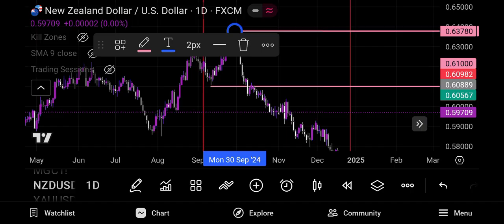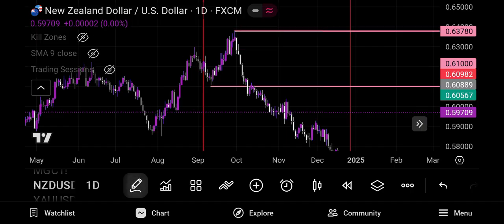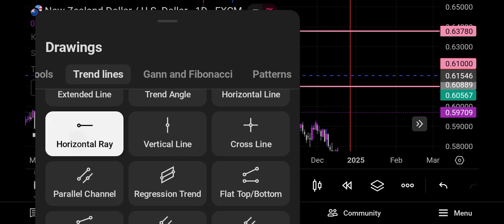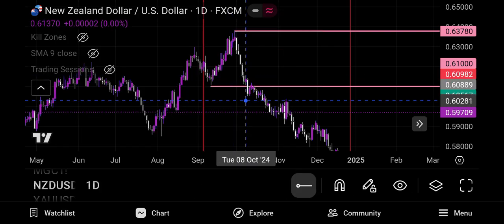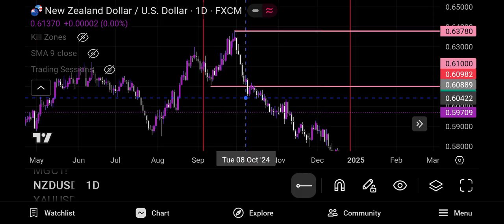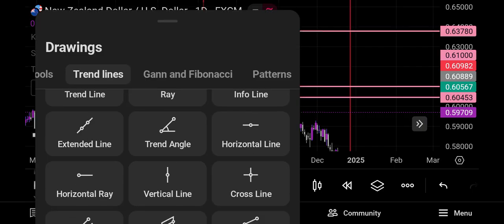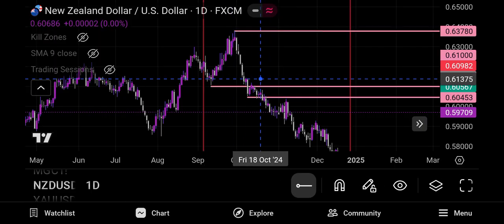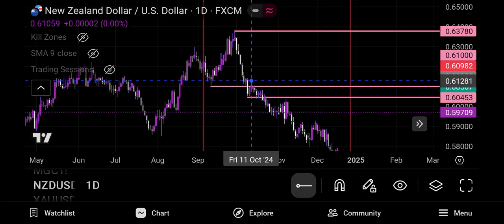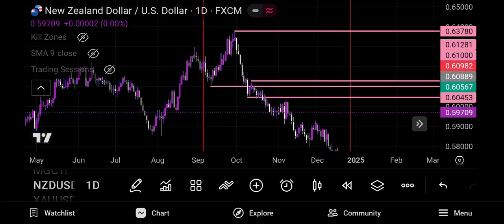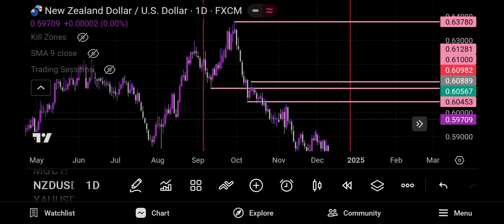Then we have a higher low. We have a lower high. Yeah, that's what we'll be needing for this.